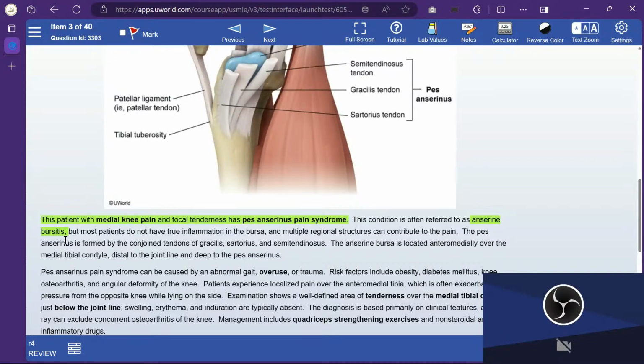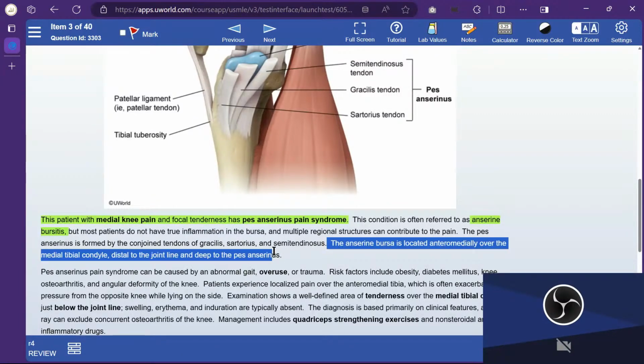The pes anserinus is formed by the conjoined tendons of sartorius, gracilis, and semitendinosus. The anserine bursa is located anteromedially over the medial tibial condyle, distal to the joint line and deep to the pes anserinus.